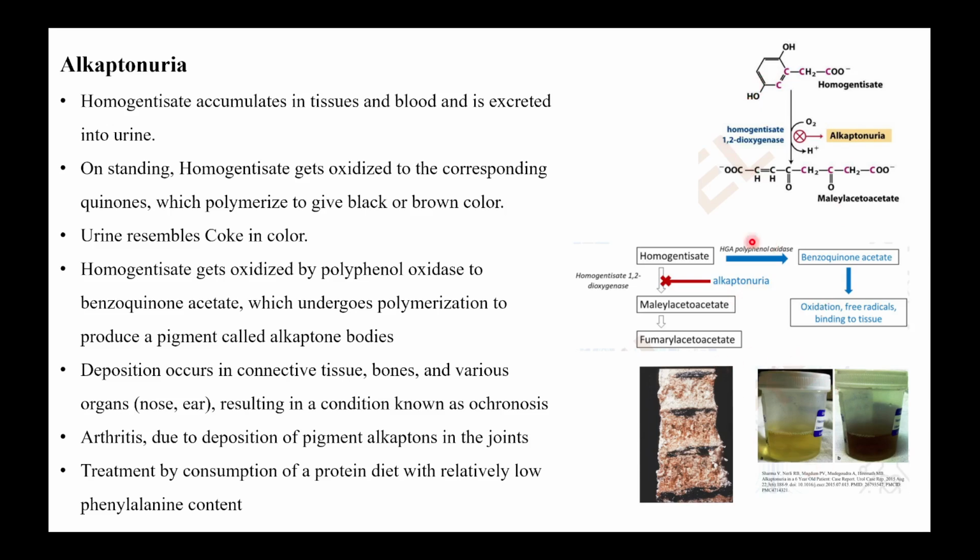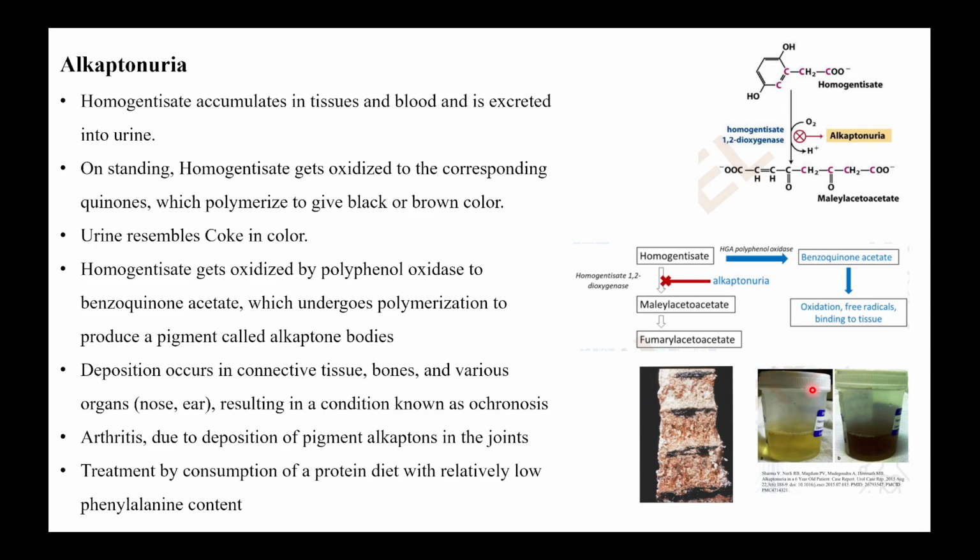So since homogentisate is excreted in the urine, if you keep the urine for some time, it can turn into this black color. So you can see the difference. And this is a clear indication of homogentisate presence in urine, and this eventually leads to the conclusion; it's a diagnostic feature for alkaptonuria.